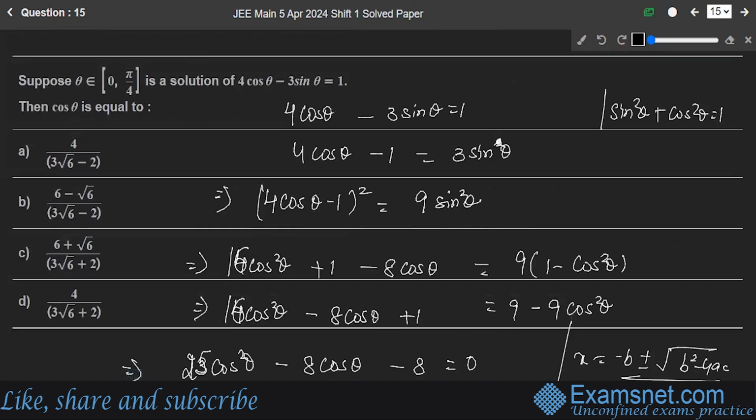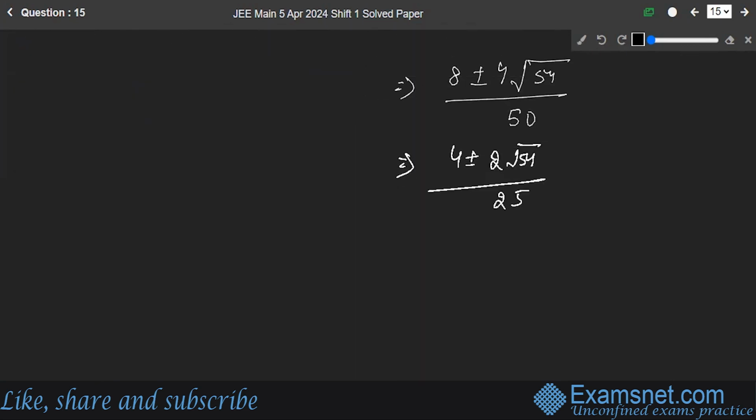Okay. You're given that theta lies between 0 to pi by 4. This was your cos theta. Now theta lies between 0 to pi by 4, so what I'll pick is the value with the plus sign.